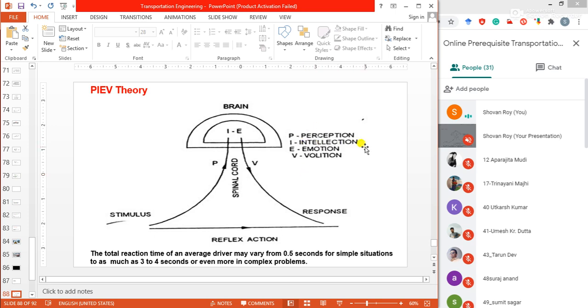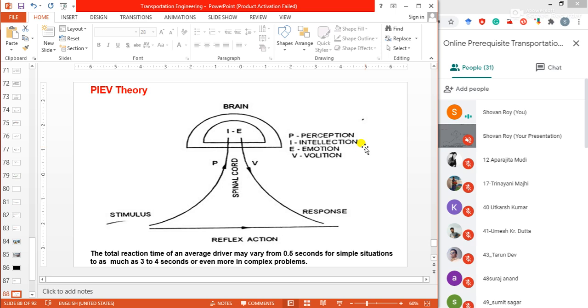I, intellection. It is the time required for understanding the situation. It is also the time required for comparing the different thoughts, regrouping and registering new sensations. So this kind of thing is intellection. That is, he is judging whether I should take this perception or not, whether this perception is very dangerous to me or not.